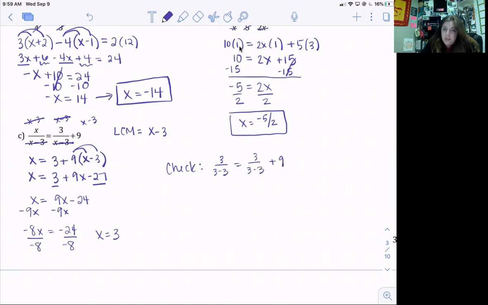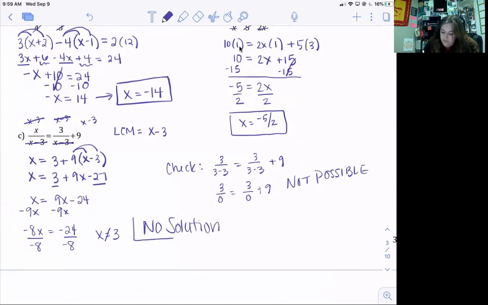But 3 minus 3 is 0. And we can't divide by 0. So this becomes not possible, which means x cannot equal 3. So we have no solution. And this is called an inconsistent equation.